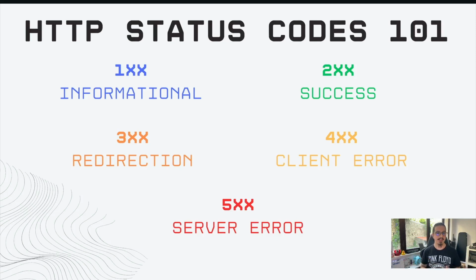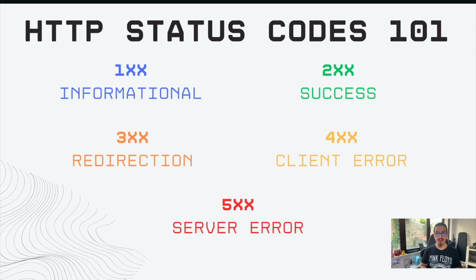We can have CLI applications, web applications, mobile applications. So when I say client during this whole presentation, it could be any of those. And our API is going to be on our server. So when I say that the 100 codes are informational, it's that the client calls your endpoint and you return some information about that specific resource that the client is asking for.